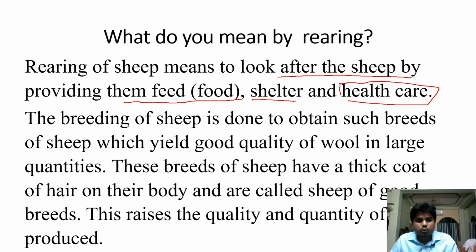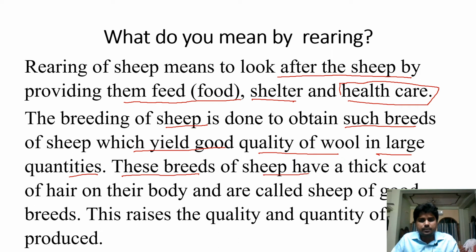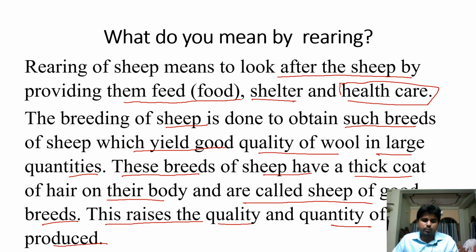Okay. So breeding of sheep is done to obtain such breeds of sheep which yield good quality of wool in large quantities. These breeds of sheep have a thick coat of hair on their body and are called sheep of good breed. This raises the quality and quantity of wool produced.